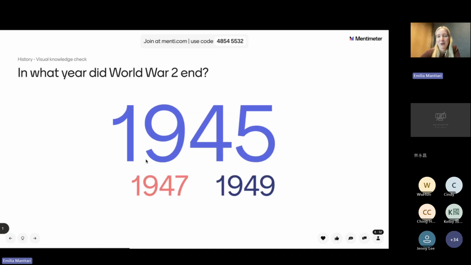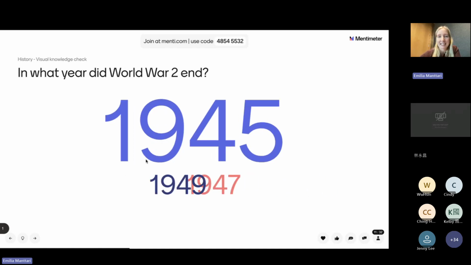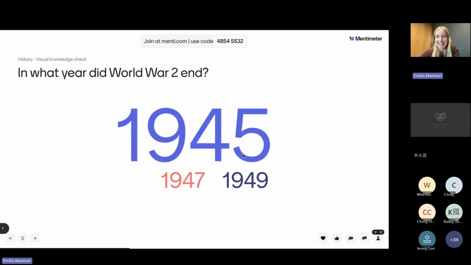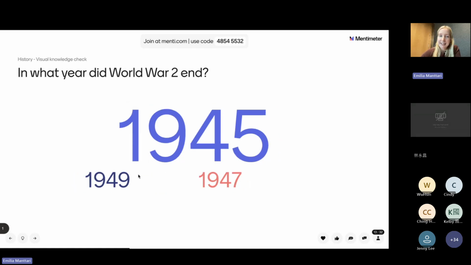So here I've used our word cloud feature, which is a great visual way to also show the information. So here we can now see that the number that is in the largest font, that is the most popular answer. So most of you are answering this one. But then we can also see if we have any outliers or other people that are submitting something else.